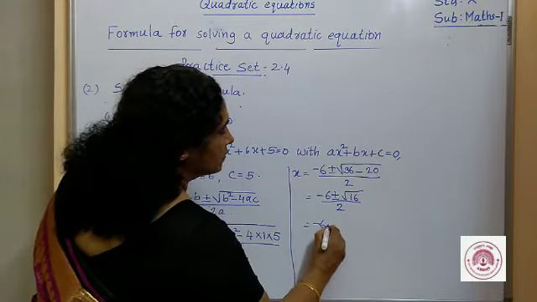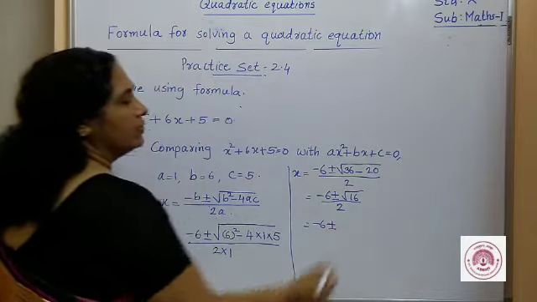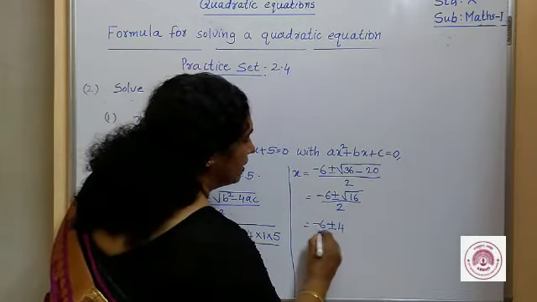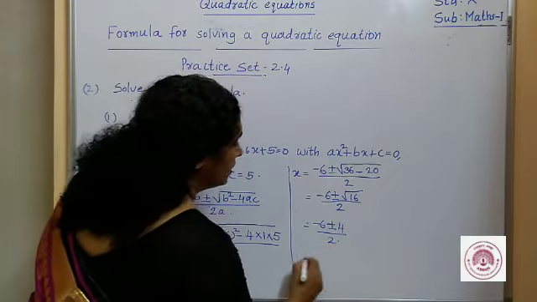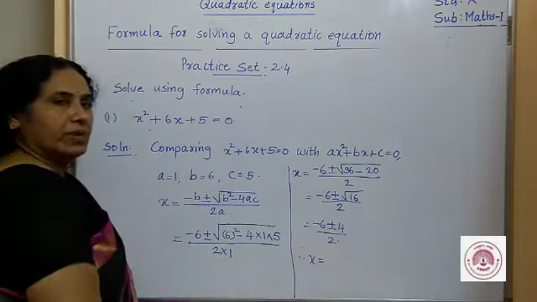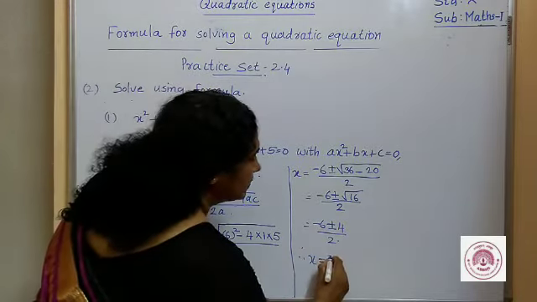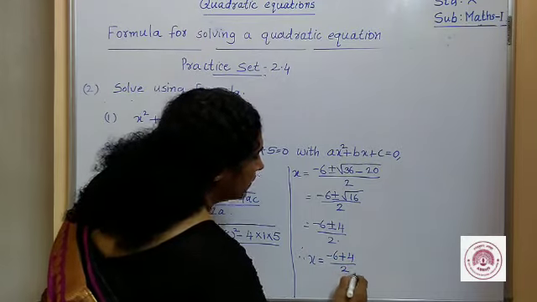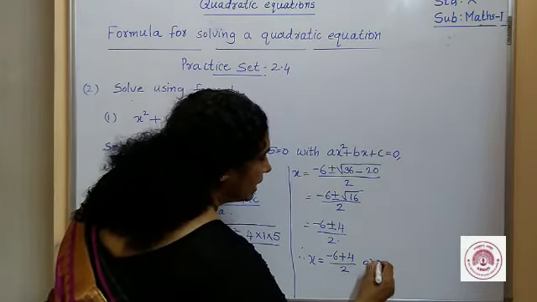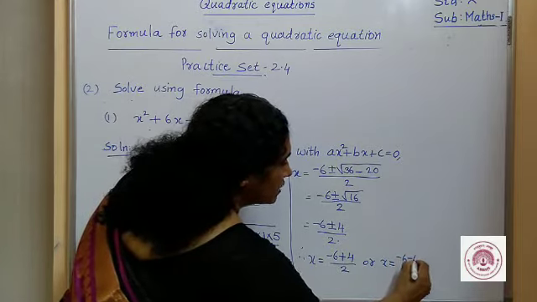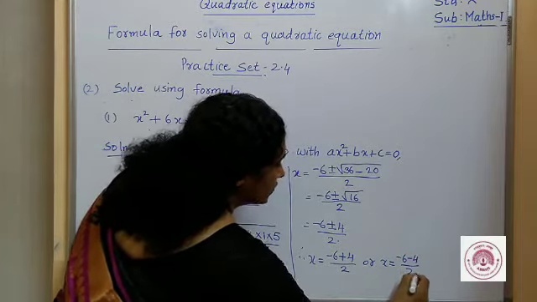So x is equal to minus 6 plus or minus, and we know the square root of 16 is 4, divided by 2. Therefore, now we take both the values: x is equal to minus 6 plus 4 divided by 2, or x is equal to minus 6 minus 4 divided by 2.